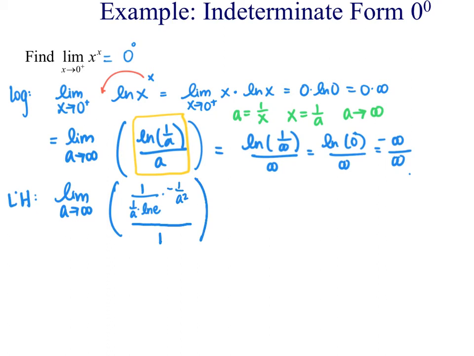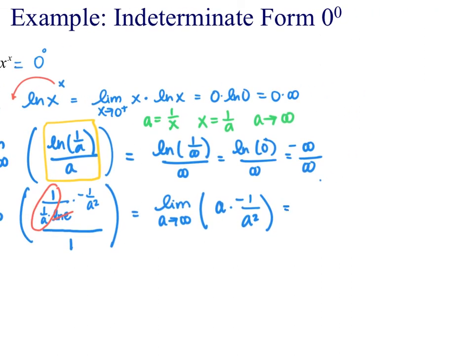All right, how do we clean this up algebraically? Remember that ln e is 1. And when you divide by a fraction like this, it's the same as multiplying by the reciprocal. So this would be the limit as a approaches infinity of 1 over a is just a, and then negative 1 over a squared.